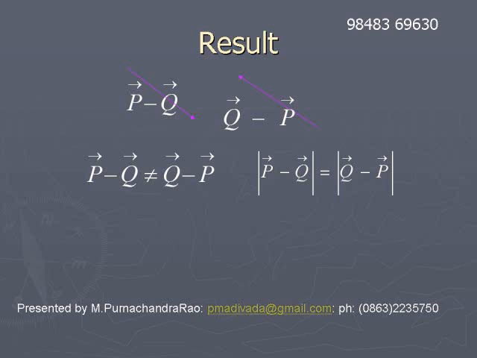So the vector p bar minus q bar is not equal to the vector q bar minus p bar. But the magnitude of p bar minus q bar is equal to the magnitude of q bar minus p bar.